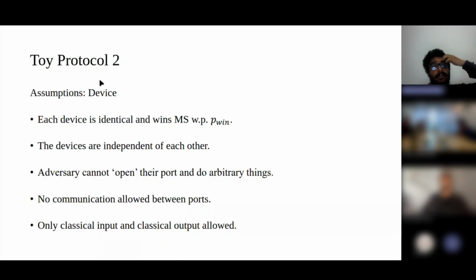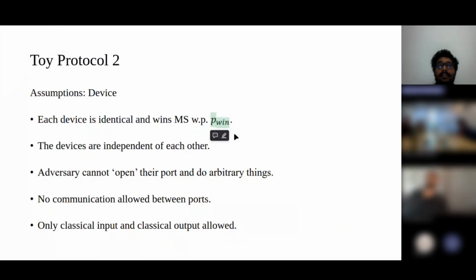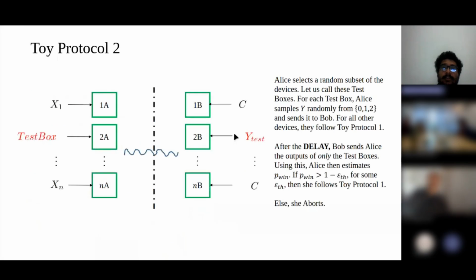In toy protocol 2, if you make this super simplifying and very constrictive assumption that each device is completely identical and each device wins the game with some probability p win, then what can you do? You can select a random subset of the boxes and just play the magic square game as is on them.